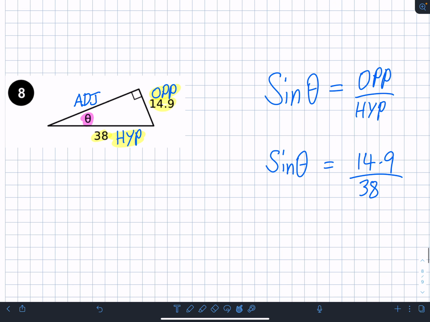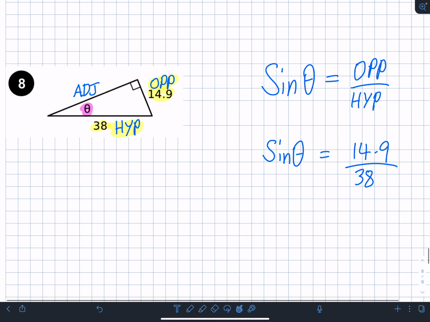Sine theta equals opposite over hypotenuse, and the opposite is 14.9 and the hypotenuse is 38. Now we're about halfway through solving each of those questions. In our next video, we will follow through and get an answer for all of them.